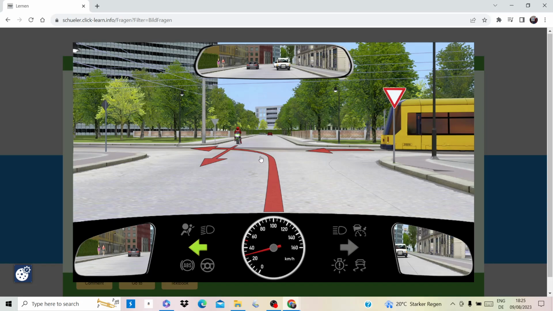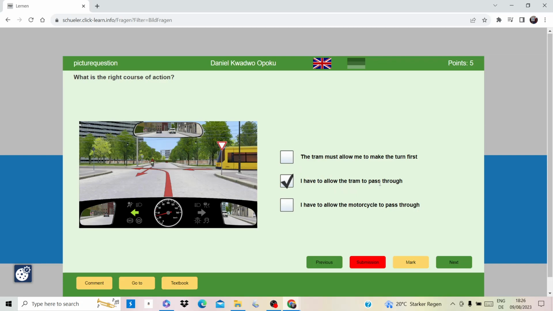You understand? So in Germany, they call it rechts vor links, which means right before left rule. It means that if a vehicle was standing on the left, this vehicle will move before the one on the left. Very well. So I have to allow the tram to pass through, which is correct.